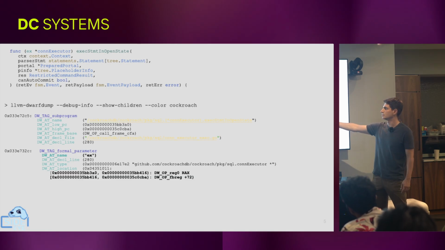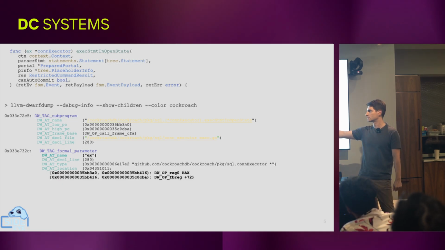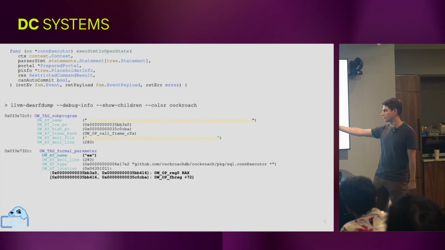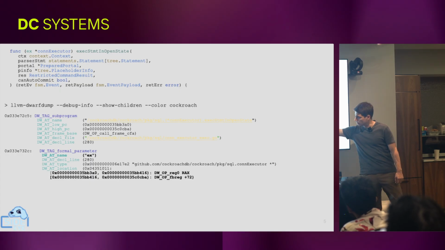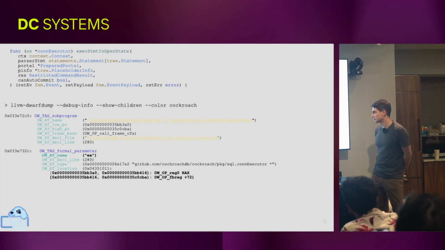And what this tells you is that if your execution is somewhere in between instructions at address 35BB380 and 35BB416, then you'll find your variable, which is a pointer, by the way, in a register, in RAX.